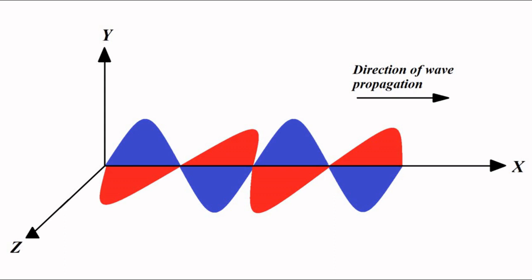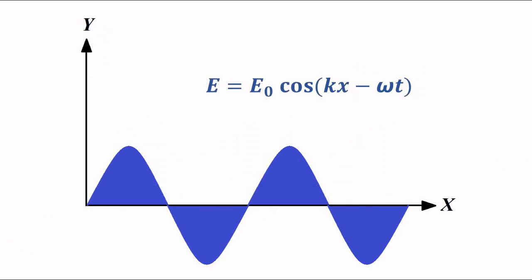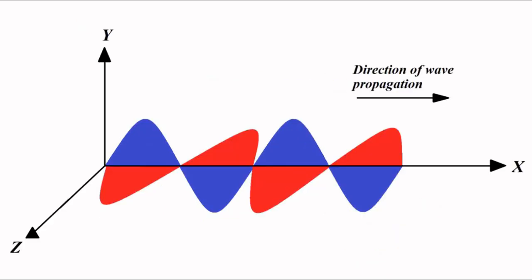Okay, and then we discussed both the electric and magnetic vibrations, the equations. Both of them are in the same phase. There is no phase lag or phase lead, there is no phase difference, and they attain their maximum and minimum values at the same time.